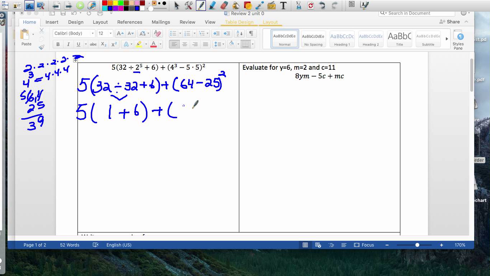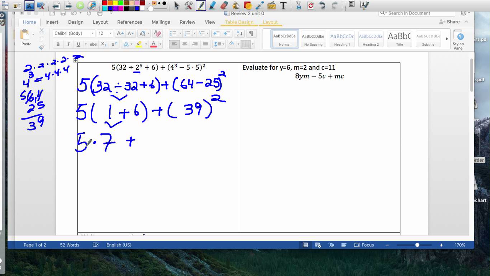So that's going to be 39 to the 2nd power. Okay, so now this parentheses, 1 plus 6. So inside the parentheses, all we're going to be left over is a 7, right? So that's going to be 5 times 7. So 1 plus 6 becomes 7.